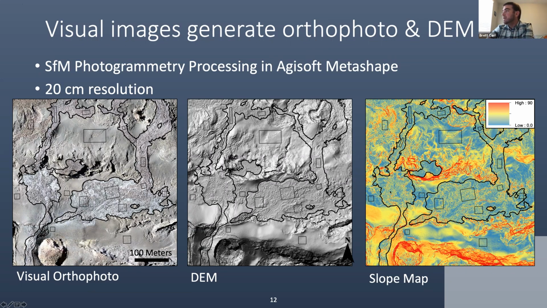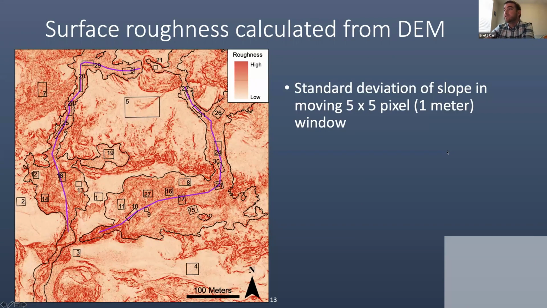And from the DEM, we calculated the slope of this ground surface at every pixel. And we use that slope map to calculate the surface roughness of this area. There's a lot of different ways to calculate the roughness of a surface.